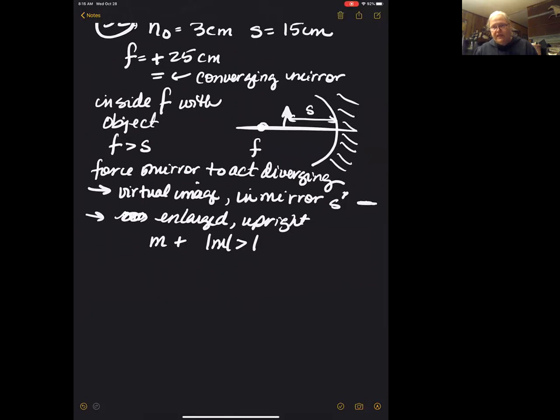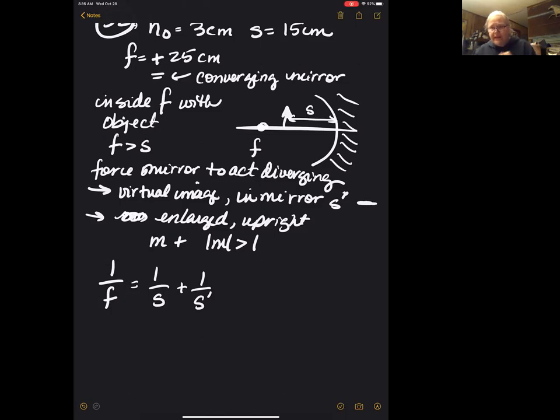So I want to use the thin lens or mirror equation to solve for that. The thin lens equation is 1 over F is equal to 1 over S plus 1 over S prime. You use this for both lenses and mirrors in this situation. Now, the nice thing about these problems is as long as all your numbers are in the same units, you don't have to convert.